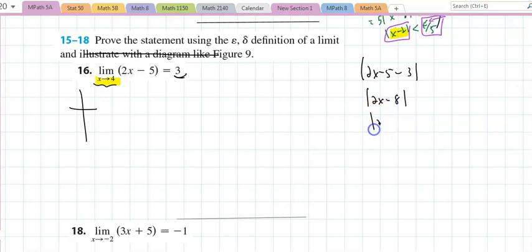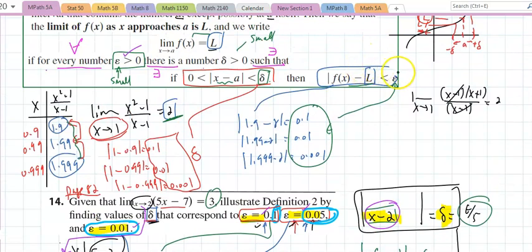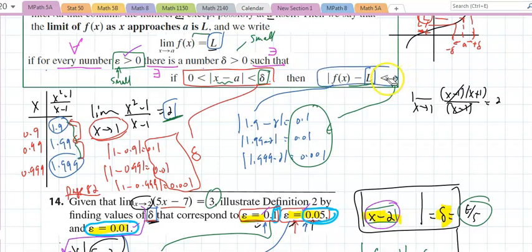Do you see that I could factor a 2 out of those? Remember, I can control this, right? If I want this to be less than epsilon, which is what the definition says, they want this to be less than epsilon.